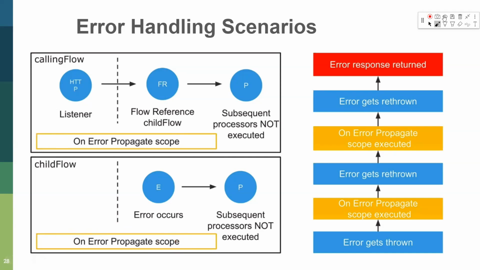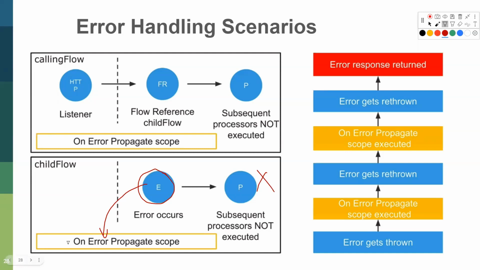Now an error is happening here. When an error happens here, the error gets propagated to the error handler, which is the on error propagate scope, and subsequent processors will not get executed, so it will not go to here.